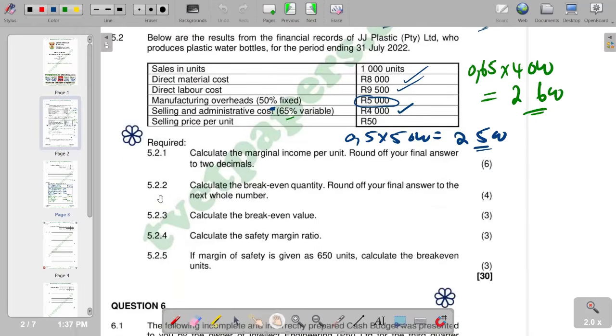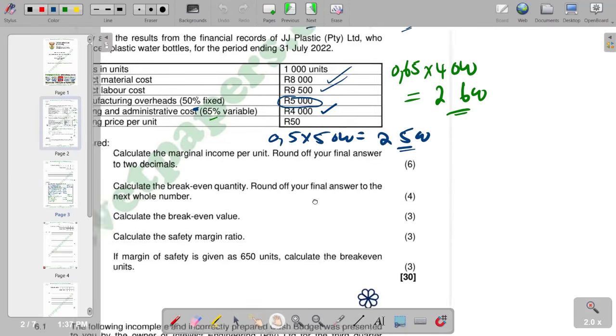We now go to 5.2.2, which says calculate the break-even quantity. Round off your final answer to the next whole number. On 5.2.2, break-even quantity obviously is total fixed cost over marginal income per unit.